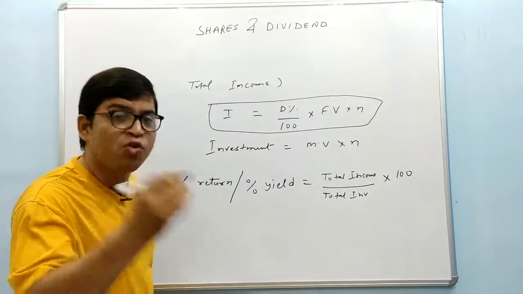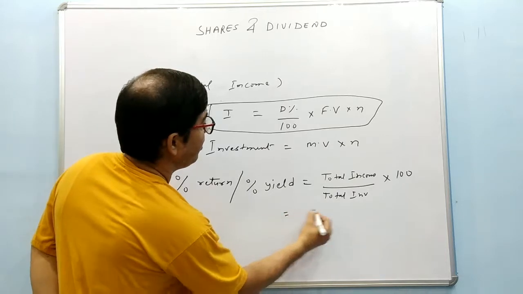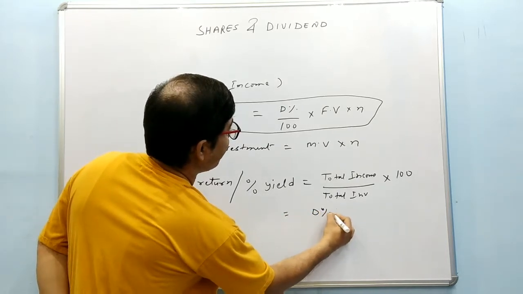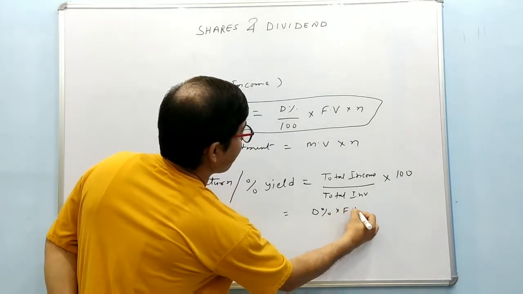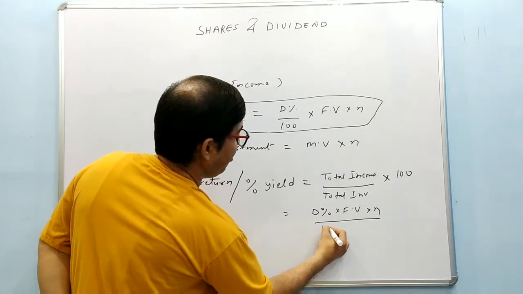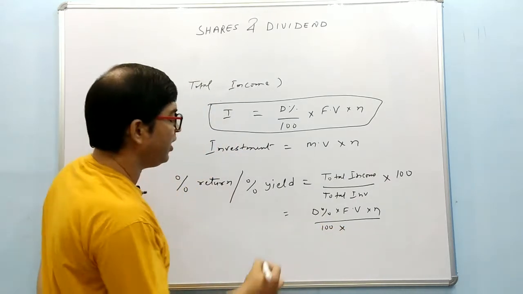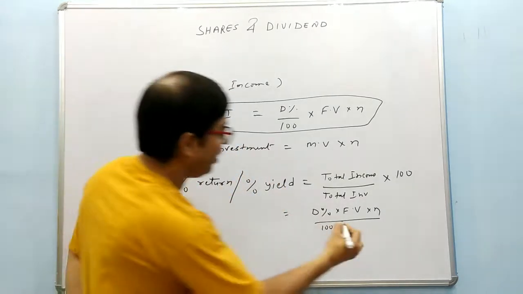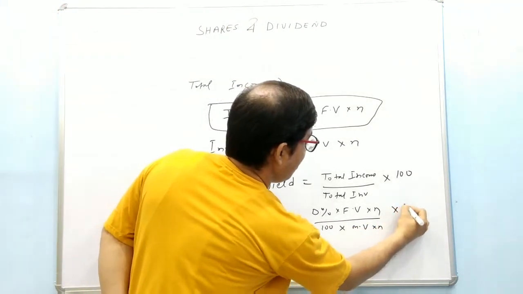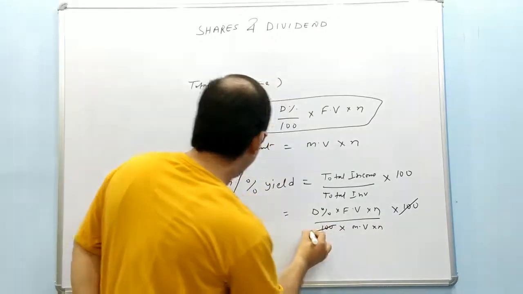If we go for a little bit of simplification, we can write D percent into FV into number of shares by 100 into total investment, we know market value, into N into 100. Very simple.